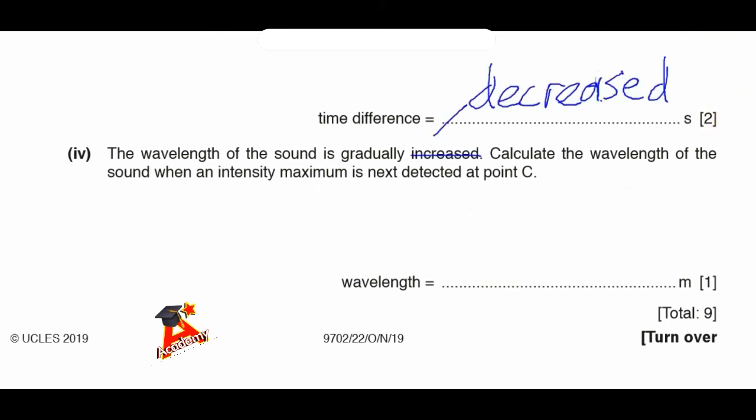Alright, let us suppose the question had said the wavelength of the sound is gradually decreased. The next time when we would have a maximum at C, the next time when we would have constructive interference at C, it would be when we have 5 lambda equal to 6.4 meters.